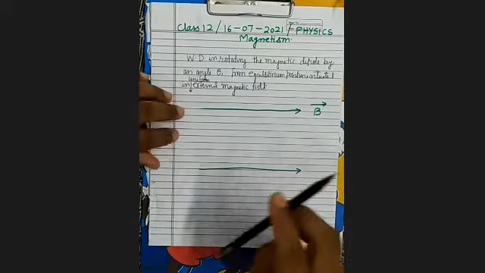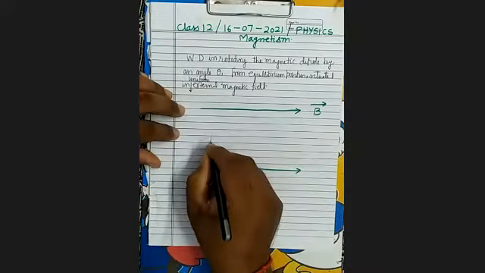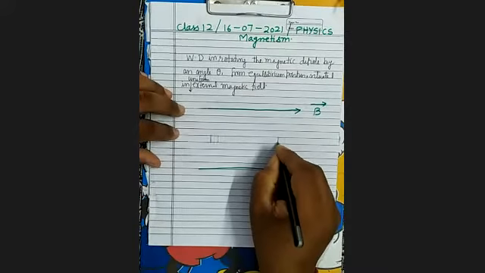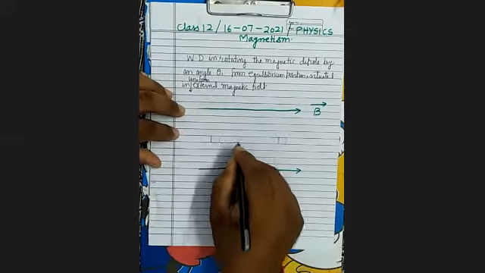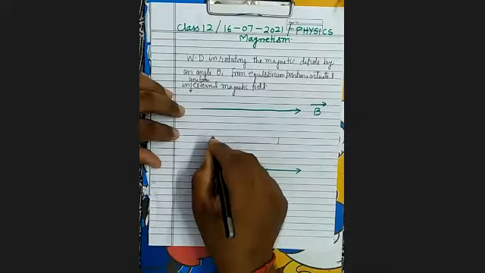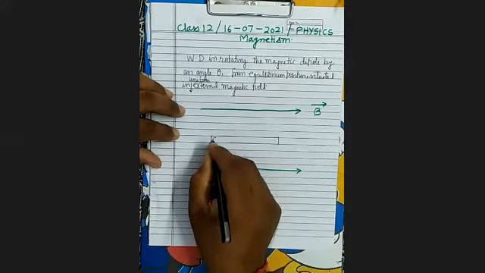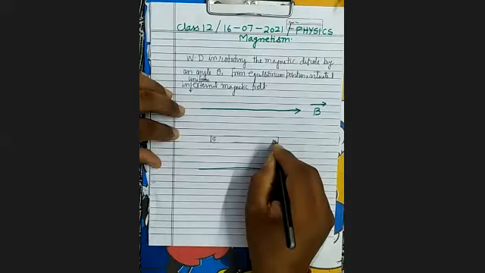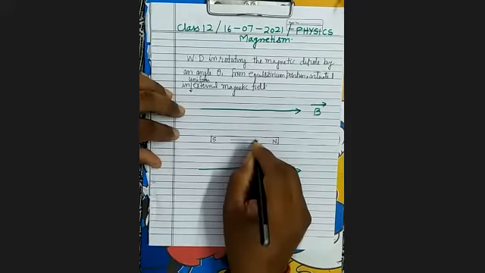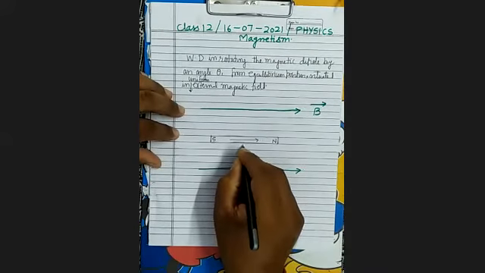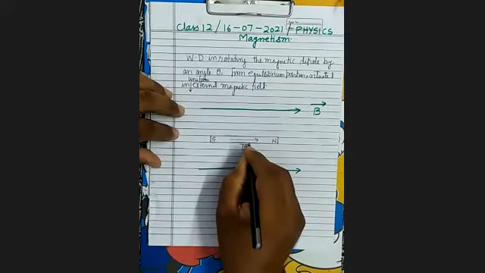So you can see here, if I show in the diagram, this is the present position of the dipole. Dipole is in this position. It is placed in the equilibrium position.